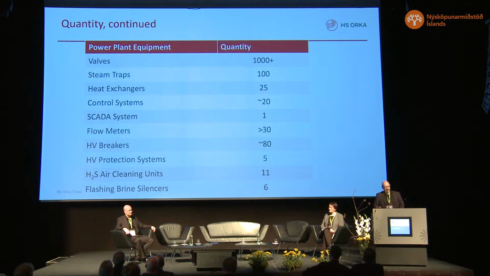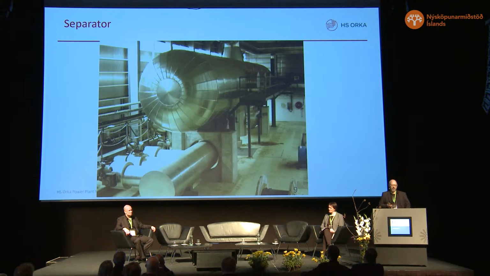We have at least 80 high voltage breakers. We have 5 high voltage protection systems. We have 11 hydrogen sulfide air cleaning units and 6 flushing brine silencers. And there are many things I have not presented. It's much more complicated than that.